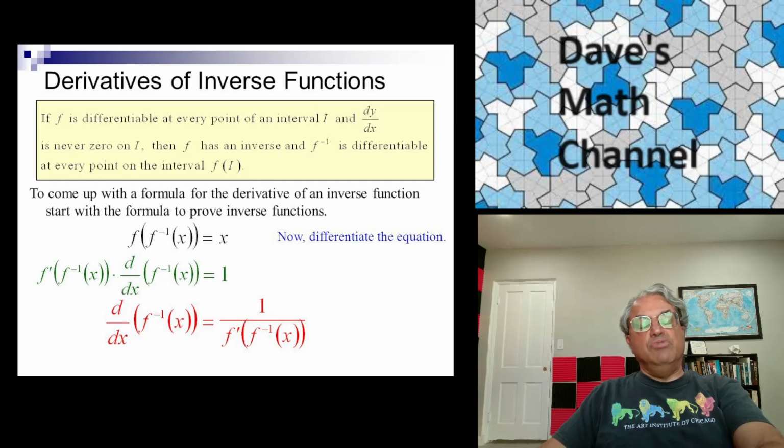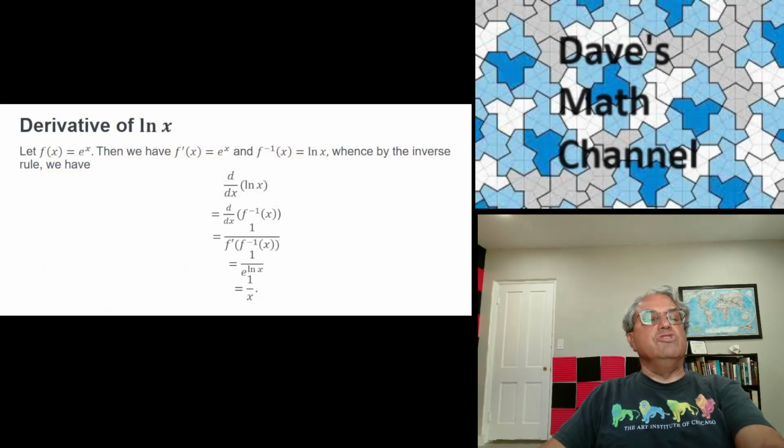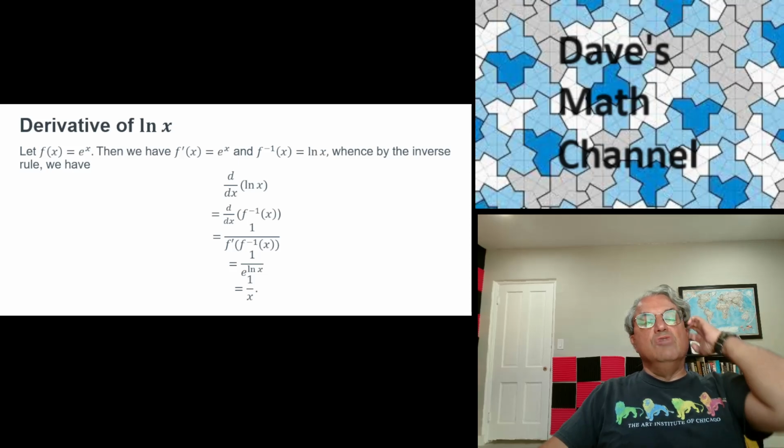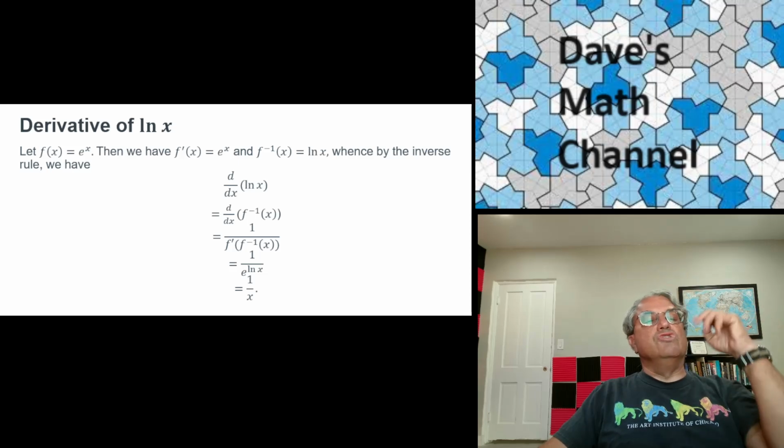And now we can apply this formula to compute the derivative of the logarithm, because the logarithm is just the inverse of e to the x. So we apply this inverse formula we just derived. So it's equal to 1 over f prime of f inverse of x, where now f of x is e to the x, and f prime of x is also e to the x, because it's equal to its own derivative.